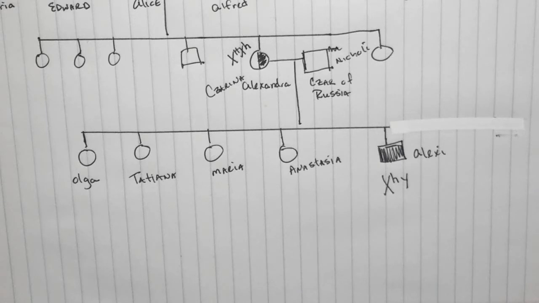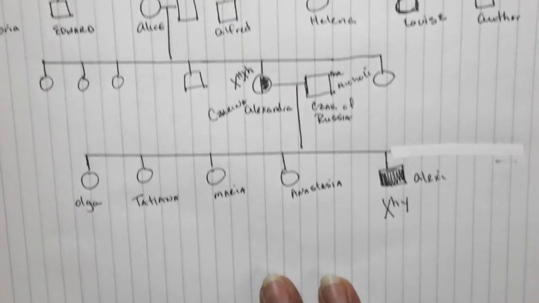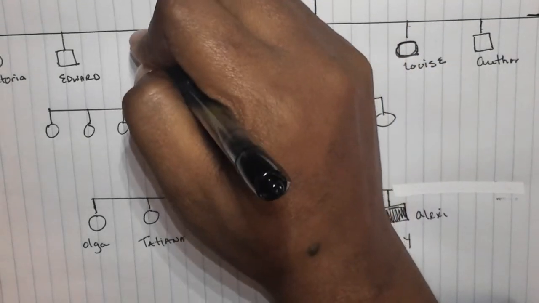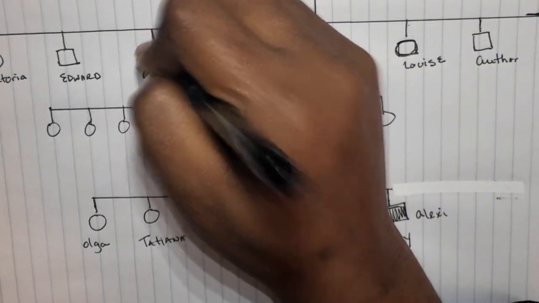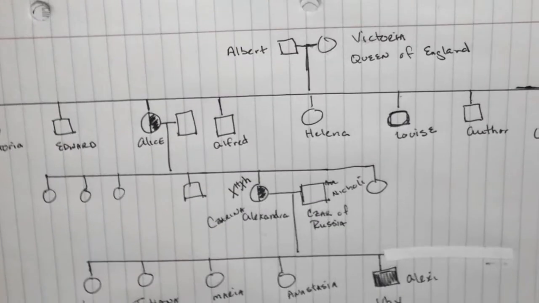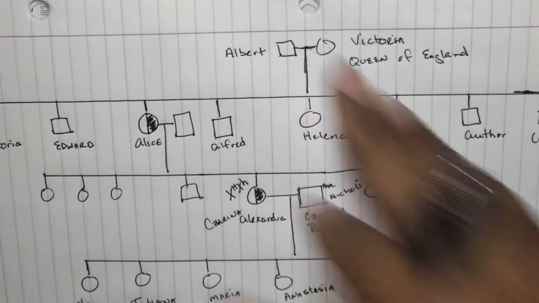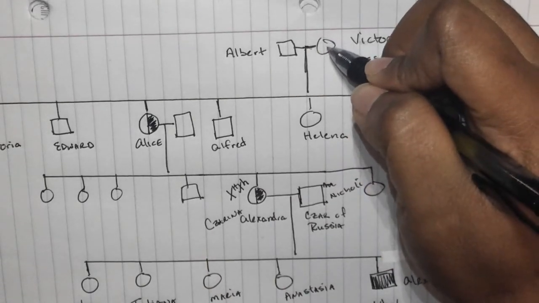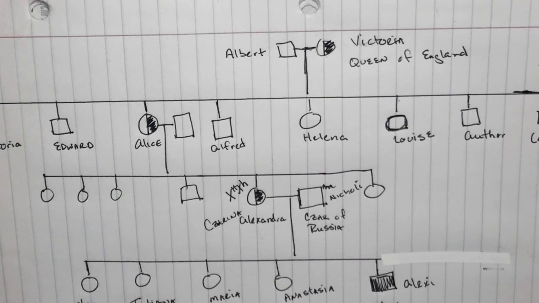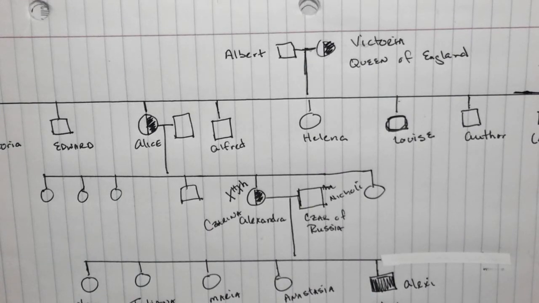All right. If we go back up to her parents, we know that Alice was also a carrier. So that means that Queen Victoria was what? Also a carrier. Now check out what happens.